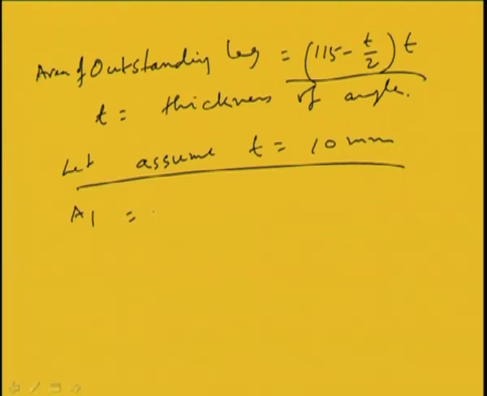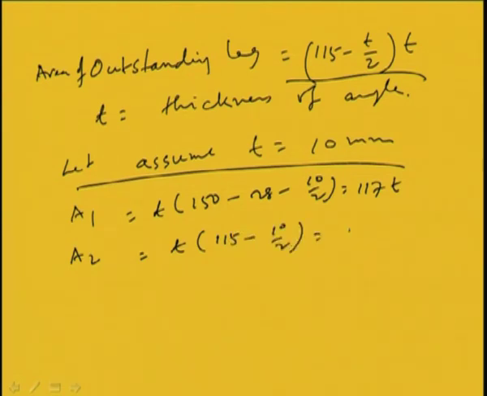So, we can make t into (150 minus 28 minus 10 by 2). In this way I can find out say 117 t. Similarly, A2 we can make t into (115 minus t by 2), means 10 by 2. So, 110 t. This is millimeter square. Okay. Now we can find out K1.